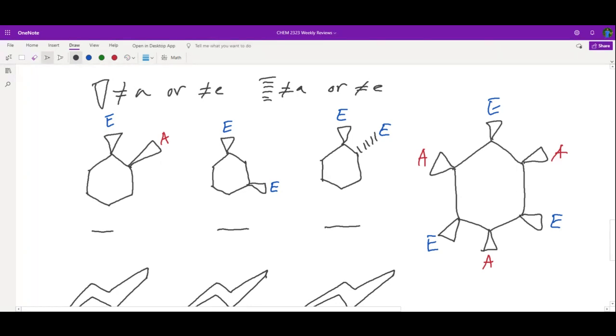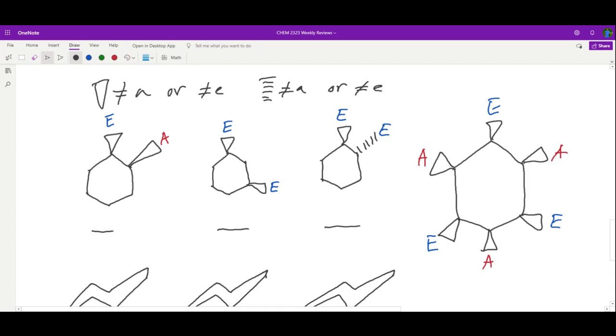So carbon 2 is axial, carbon 3 is equatorial, so these 2 are done. Looking at structure 3, carbon 2 is a dash, but on our template it's a wedge. So again, if it's a dash, we're going to flip axial to equatorial or equatorial to axial.